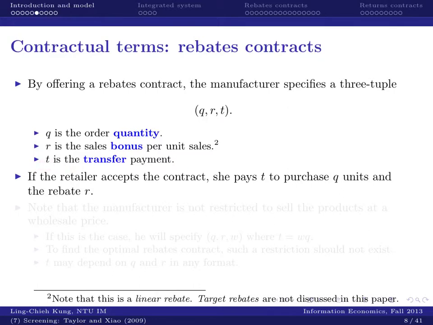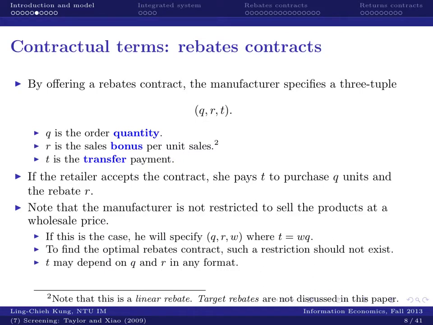Okay? Here, one important thing is that the manufacturer is not restricted at the wholesale price. No one says that the manufacturer needs to offer a wholesale price and needs to restrict himself at a linear pricing scheme. Okay? If we want to find the optimal rebate contract, we cannot do so.